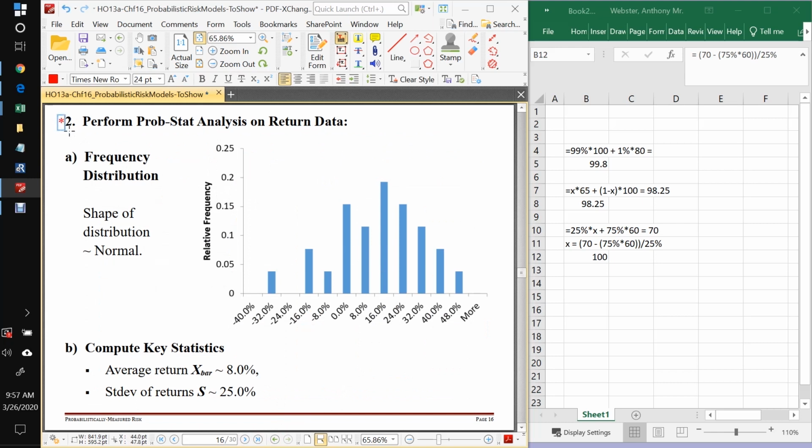Step number two is, now that we have all these returns, let's do a probabilistic statistical analysis on this data. A good thing to do when you're analyzing a random variable and you have some historical data is to create a frequency distribution. So here's our frequency distribution graph.